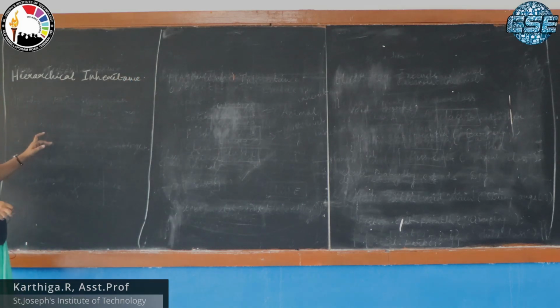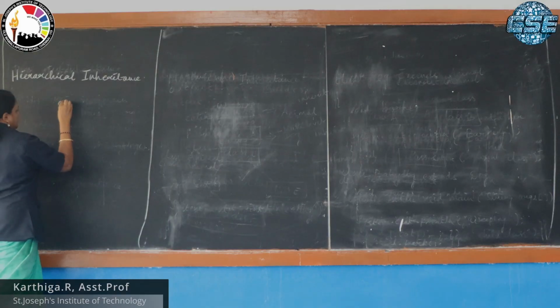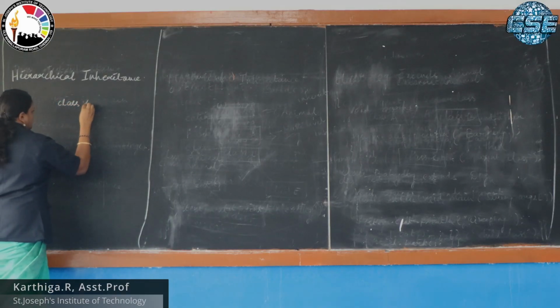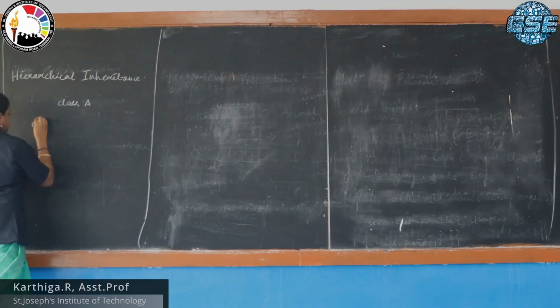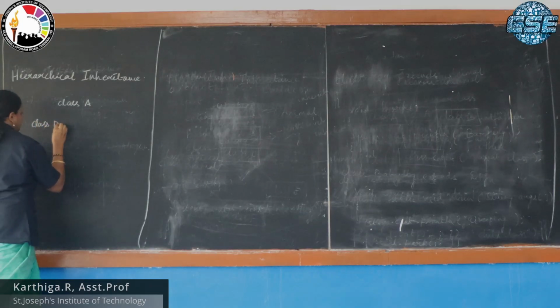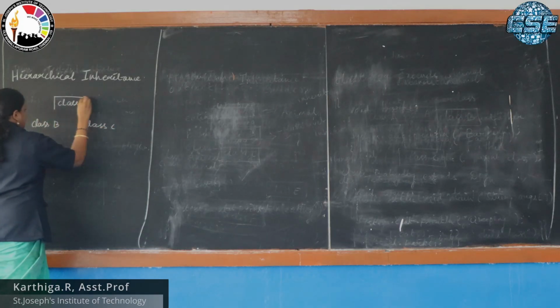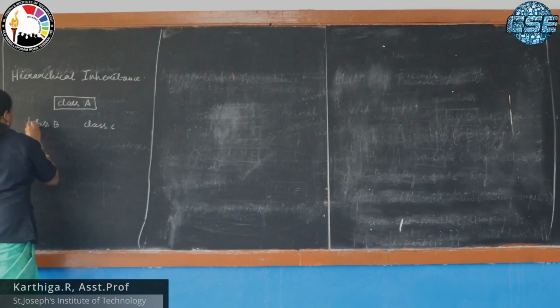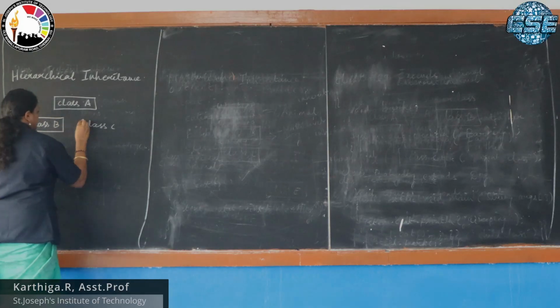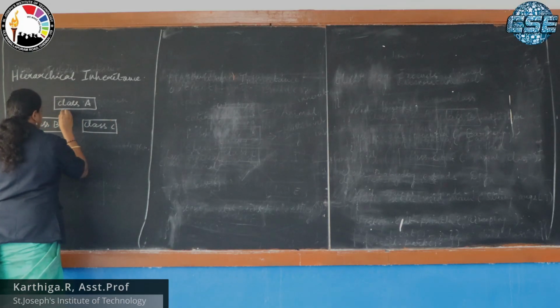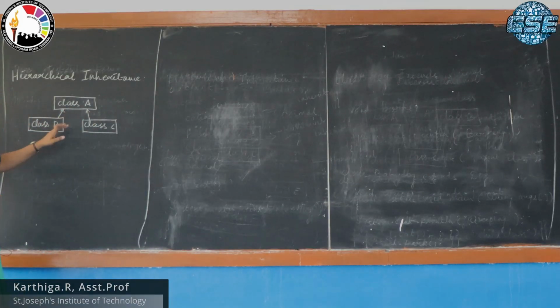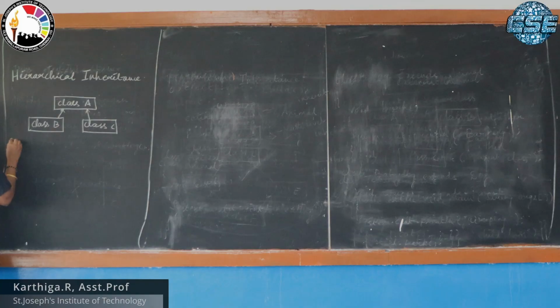So hierarchical inheritance has one parent, two children. I am going to show the example for hierarchical inheritance.